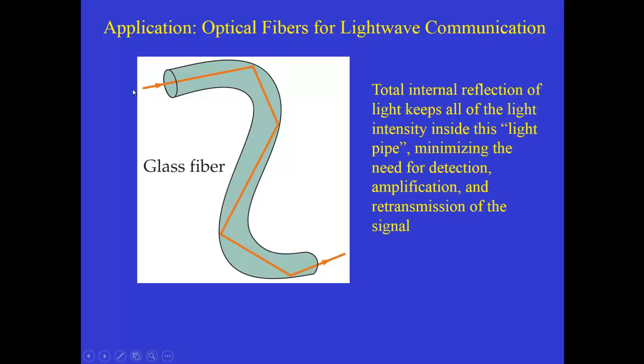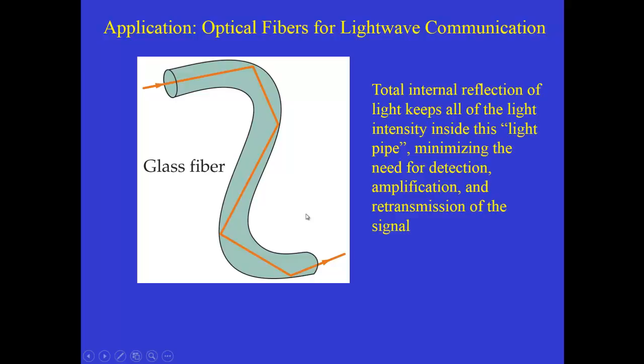And so this is a great way to take a signal that's carried by a pulse of light and basically bend it around the corners of a fiber and have it travel very, very large distances. And this is what most landline type networks are now based on, carrying signals through optical fibers. And a lot of computer network signals are also carried this way.